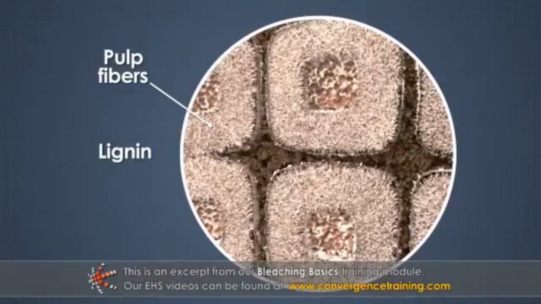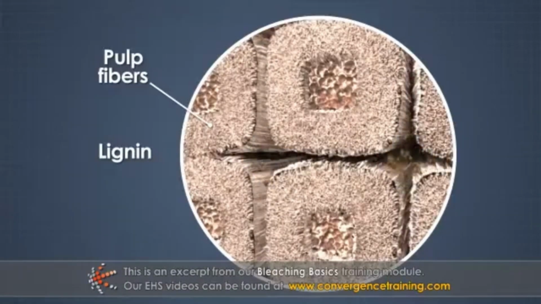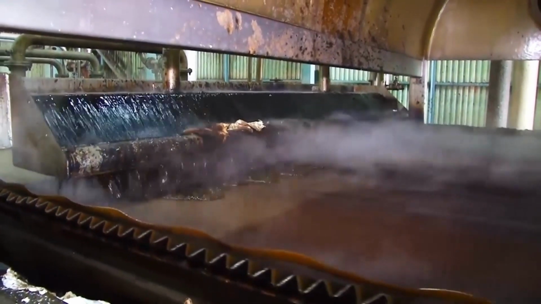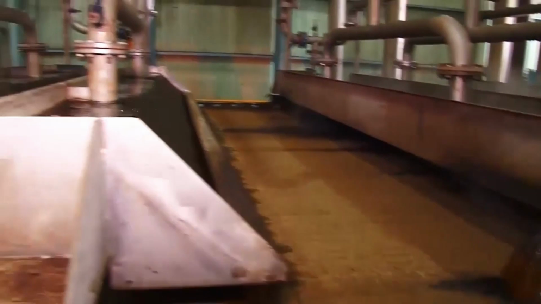Even after most of the lignin has been removed from the wood in chemical pulping processes, the pulp fiber is still brown. The remaining lignin must be removed or lightened by the bleaching process. The bleaching process changes the color from brown to white.